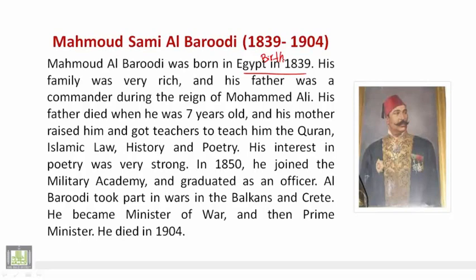In 1850 he joined the military academy and graduated as an officer. Al-Barudi took part in wars in the Balkans and Crete. He became Minister of War and then Prime Minister. He died in 1904.